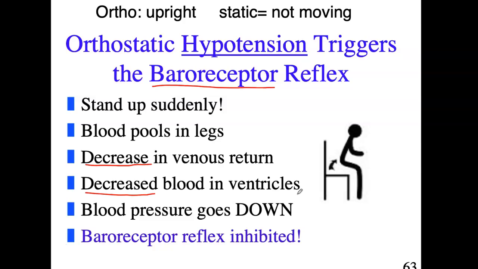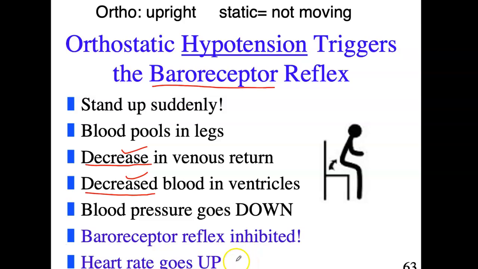So this would have to be fixed. So you have this baroreceptor reflex for high blood pressure. You have this mechanism in place. You have to inhibit that and then respond by allowing the heart rate to go up. The heart rate's going to go up and fix then this decrease in venous return and this decrease of blood in the ventricle.